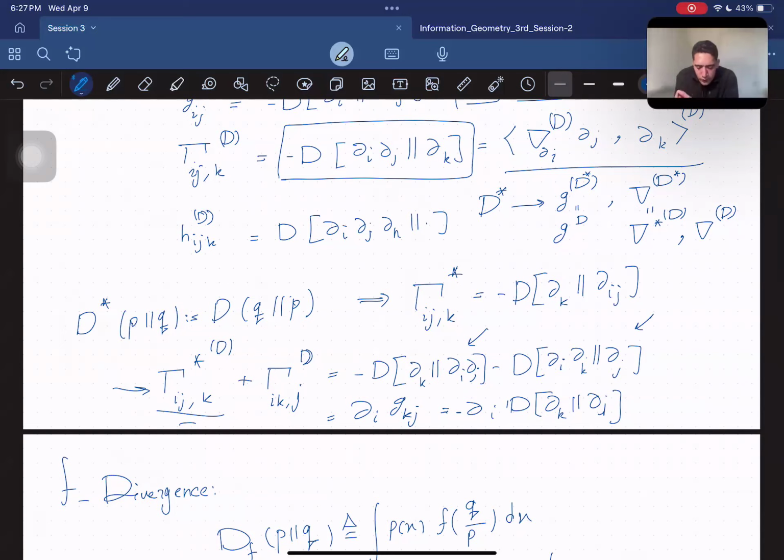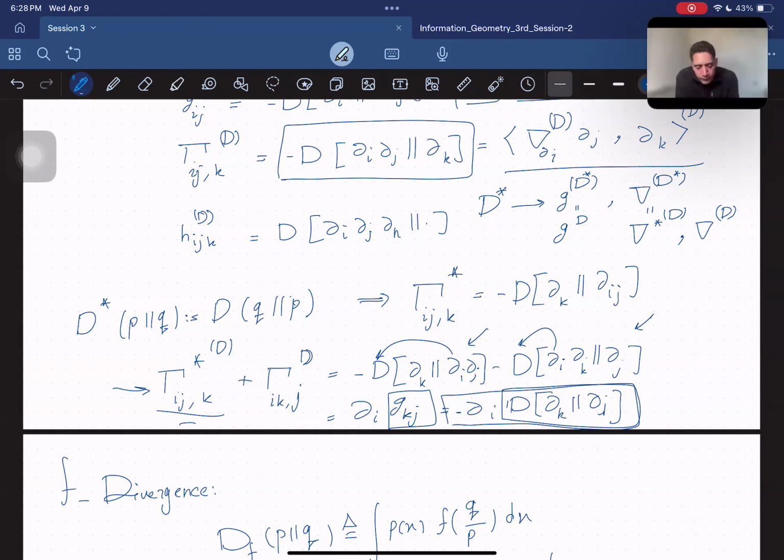And I can bring the derivative outside, this is something you can do. Derivative operator is linear. And if you bring I outside in both cases, it would be this, but this is nothing but the definition of the Riemannian metric sub ij. So we have the duality of the connections.